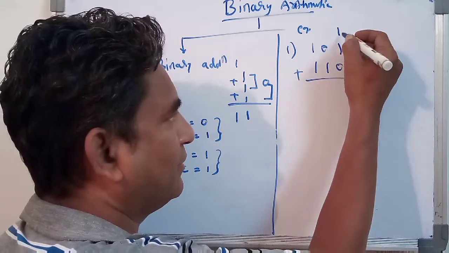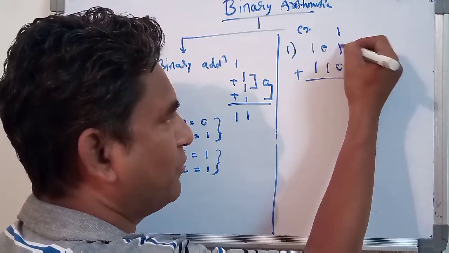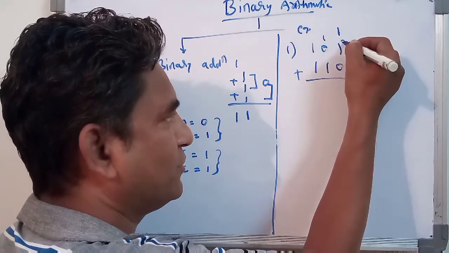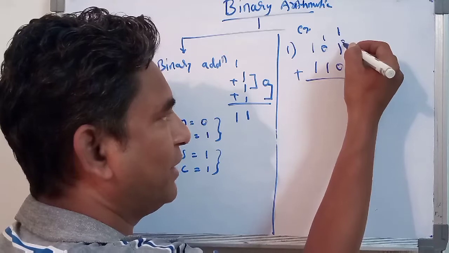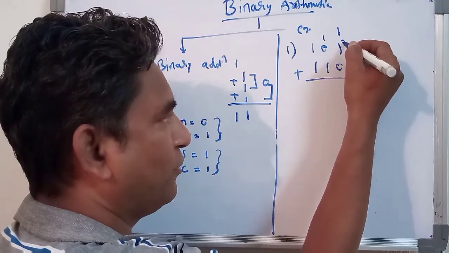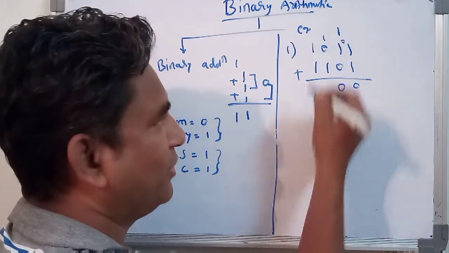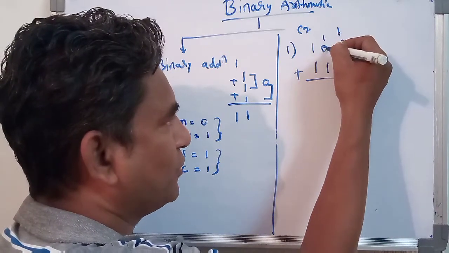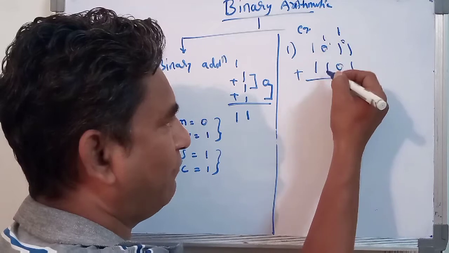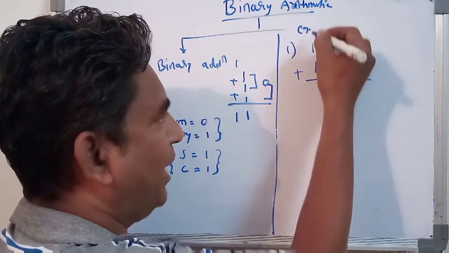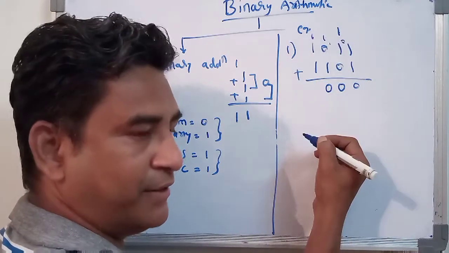Then again 1 plus 1, what will you be getting? The value 0, and 1 is carried. This 0 and this 0 will be added, so here you will be getting 0. Then 1 plus 0 is 1. This 1 and 1 will be added, so you will be getting 0, and the 1 will be carried again.